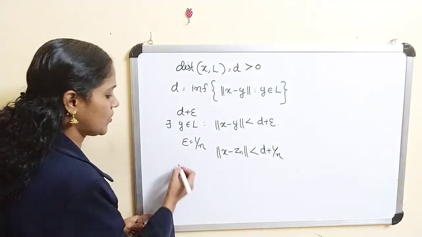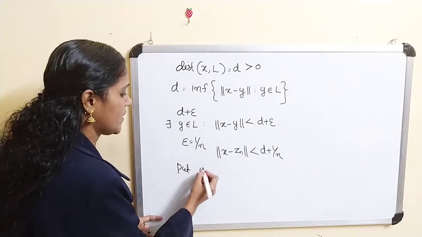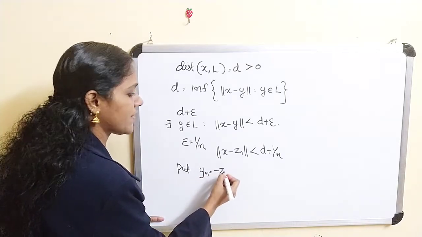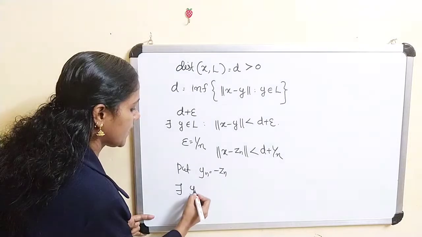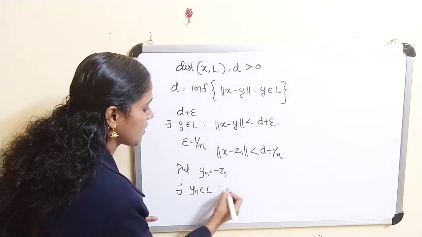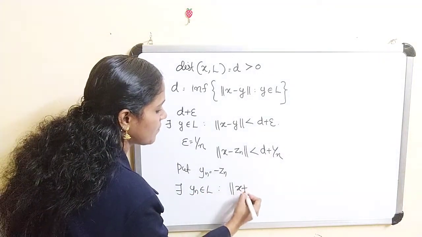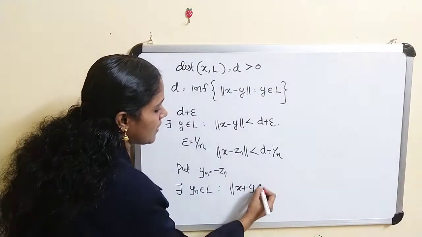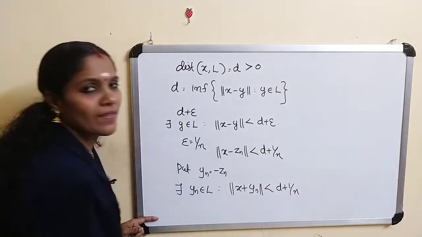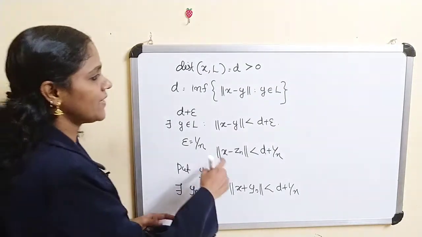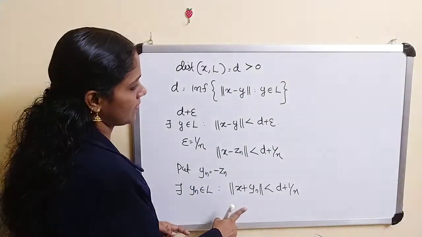And put yn equal to minus zn. This implies there exists a yn belonging to L such that norm of x plus yn is less than d plus 1 by n. And what is the meaning of that?